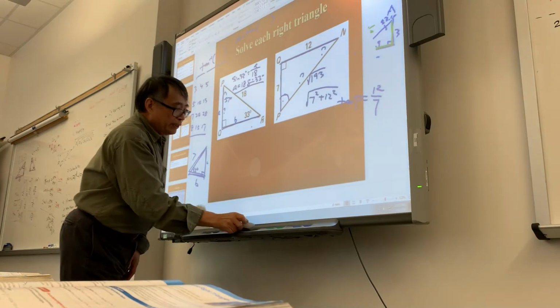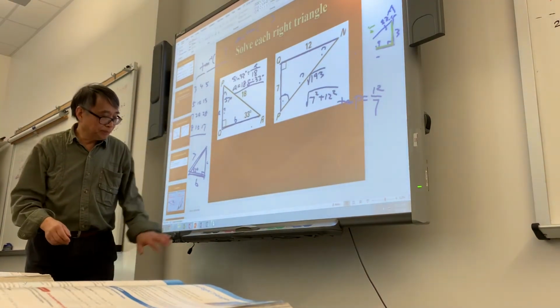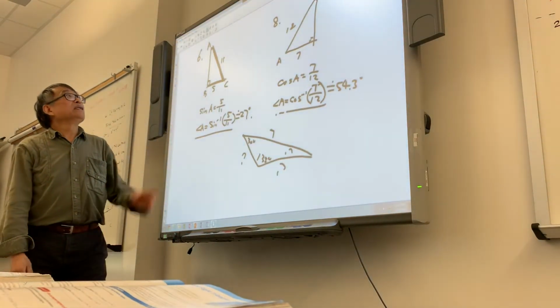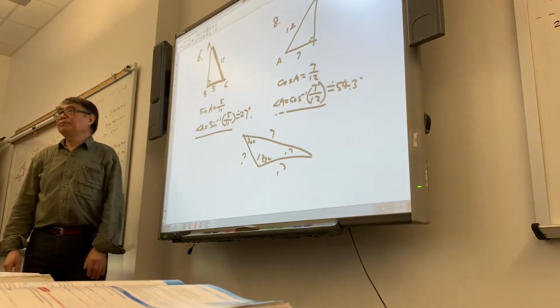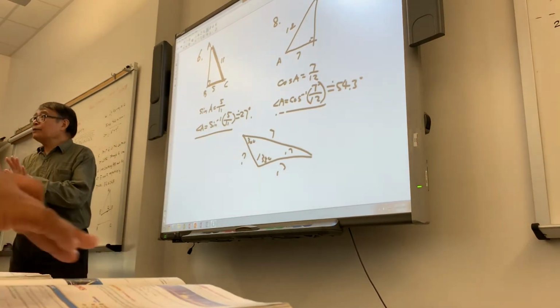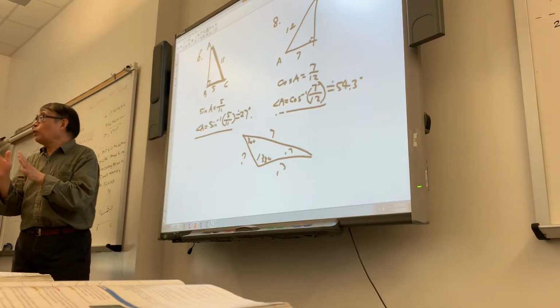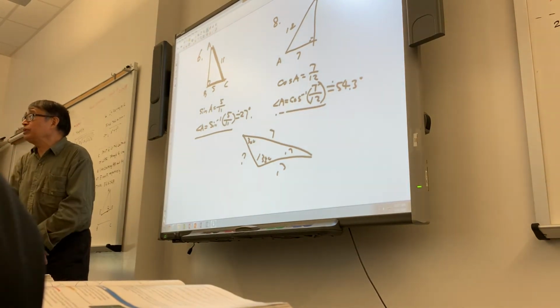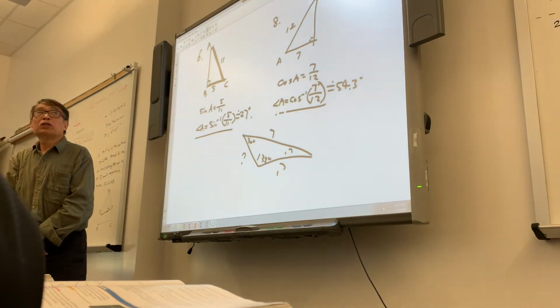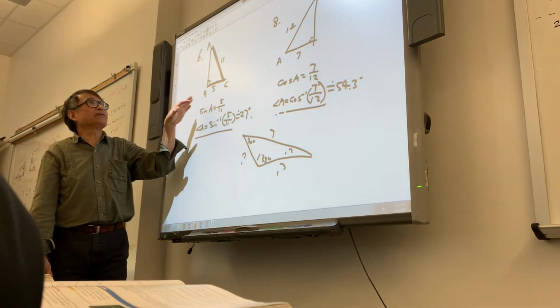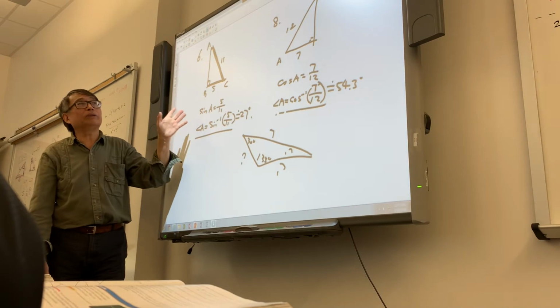Now, how to solve the questions? I show you two questions for today: number 6 and number 8. Number 6 and number 8 are easy, and I show you easy ones because some students don't know easy questions. Number 6: find the angle A measurement.